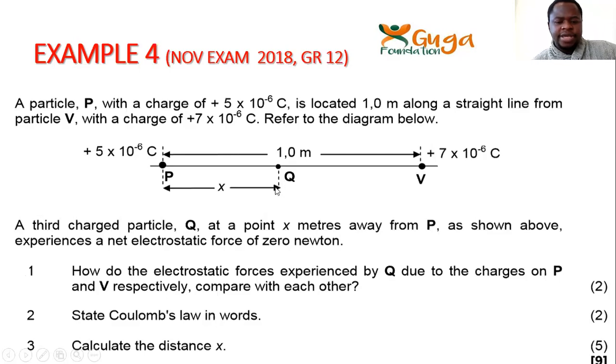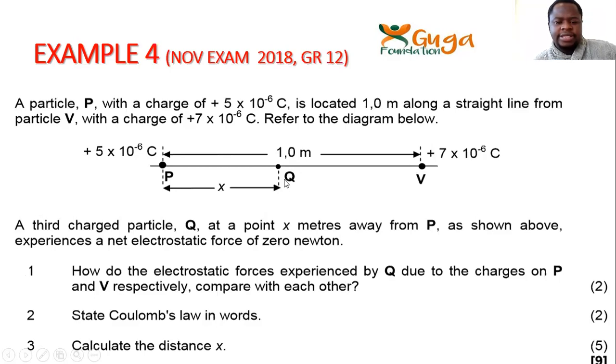Which means from here, if from P to V the distance is 1, and from P to Q the distance is x, it means that the distance from Q to V is 1 minus x. Just subtract x from this distance, 1 meter. So now, how do the electrostatic forces experienced by Q due to the charges on P and V respectively compare with each other?